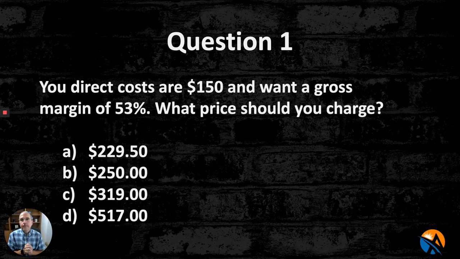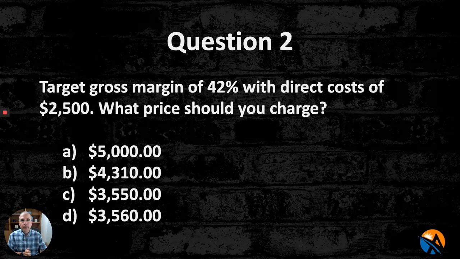Okay, for the first question, let's say that your direct costs are $150 and you want a gross margin of 53%. What price should you charge? Question 2, you have a target gross margin of 42% with direct costs of $2,500. What price should you charge in this case?